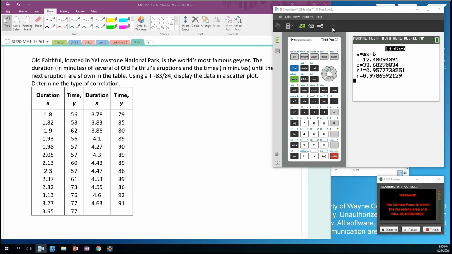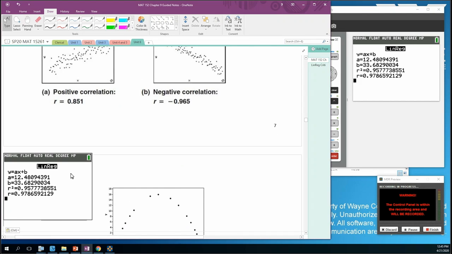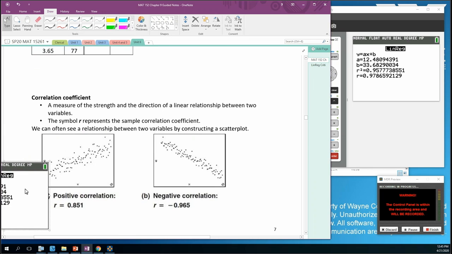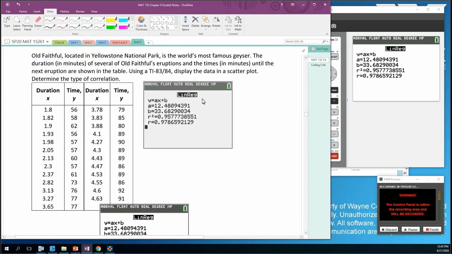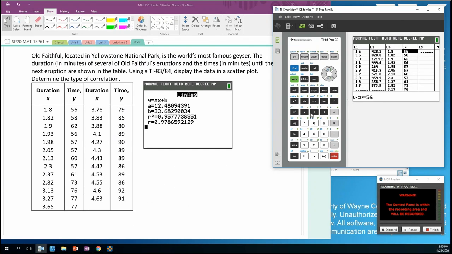And we get this. We definitely will be coming back to this and using it again. Let me just make sure L3 and L4 have that data.